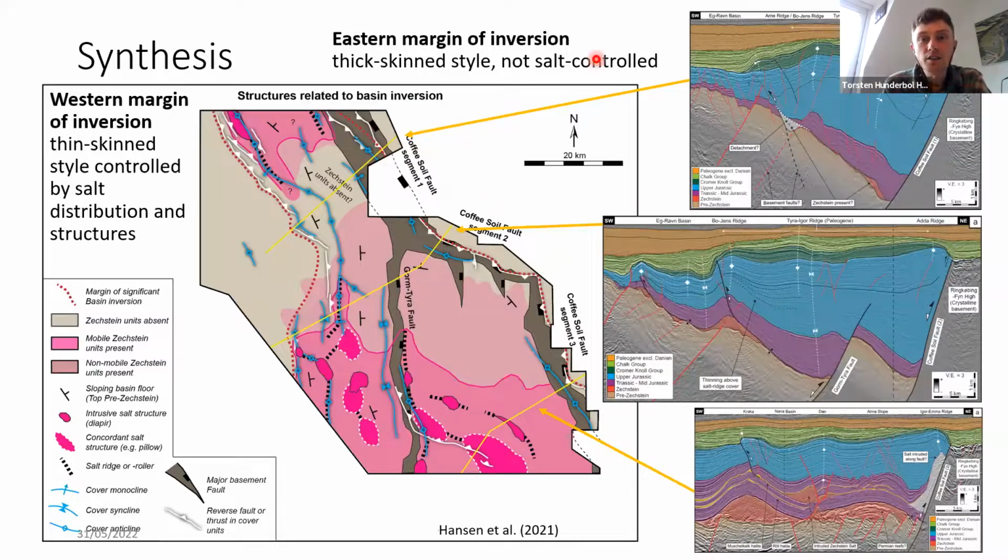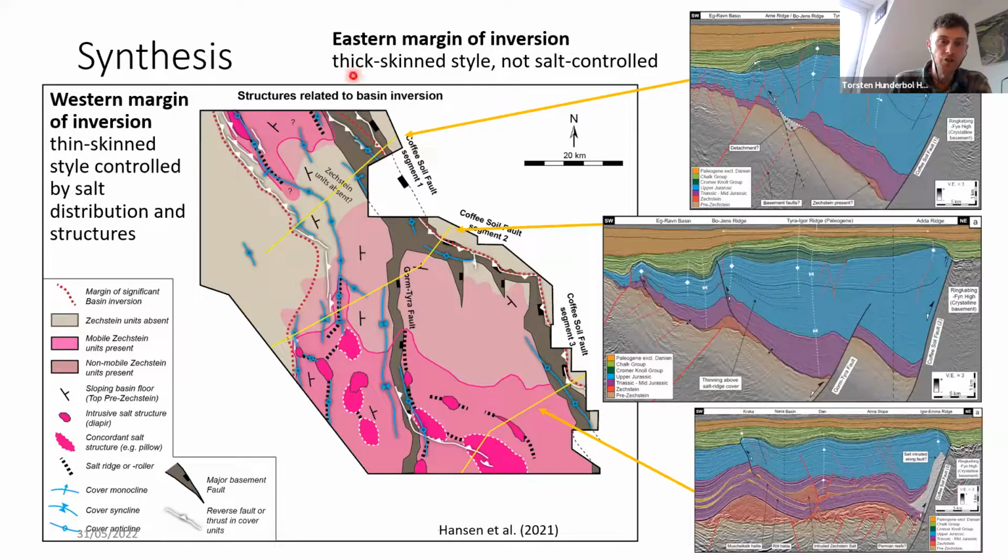I can't see the top of my own screen, but basically that's a very classic thick-skinned style of inversion, except for the northernmost section here, where the monocline verging northeast has somehow been placed further into the basin.